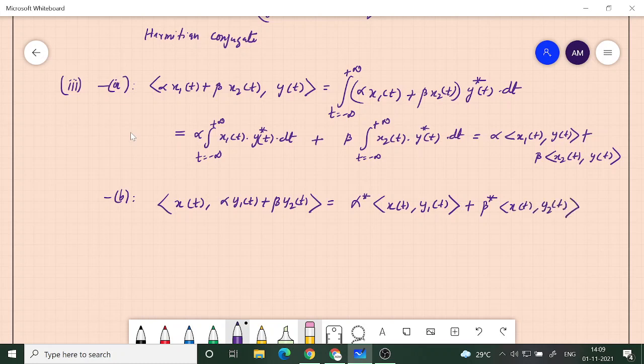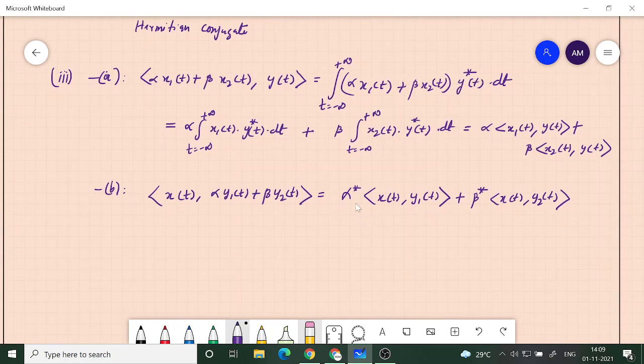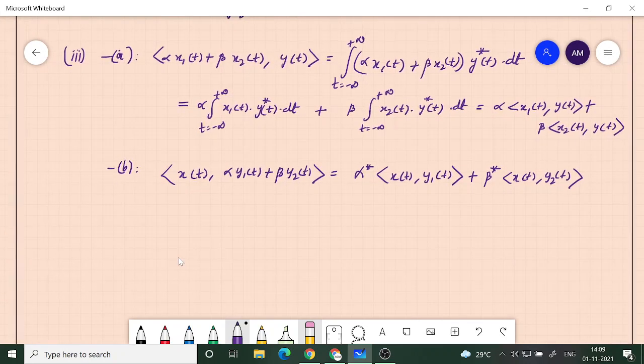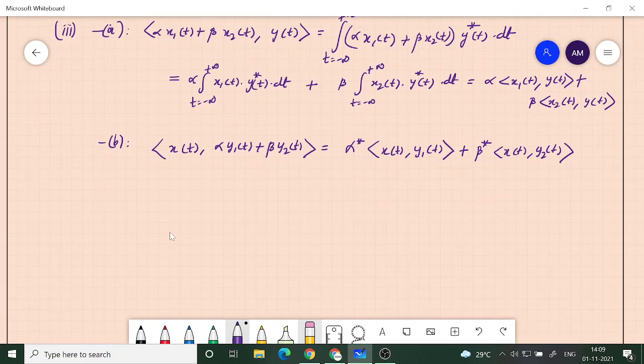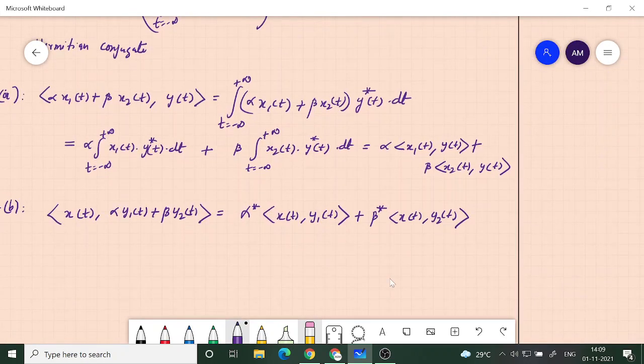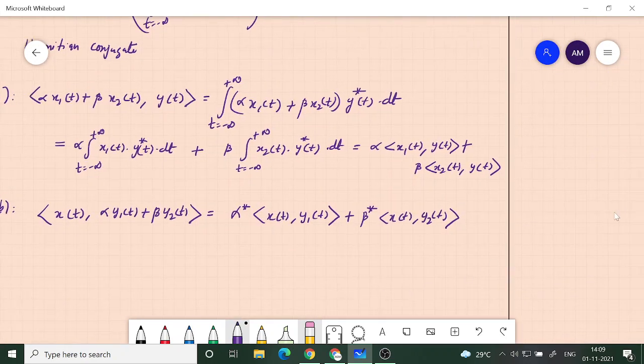Can you do this yourself? There will be conjugation because it is appearing with the second entry. Whatever is entering with the second entry needs to be conjugated. I hope you will be able to do this. These are the three properties that we will use for the derivation that we are going to do now.